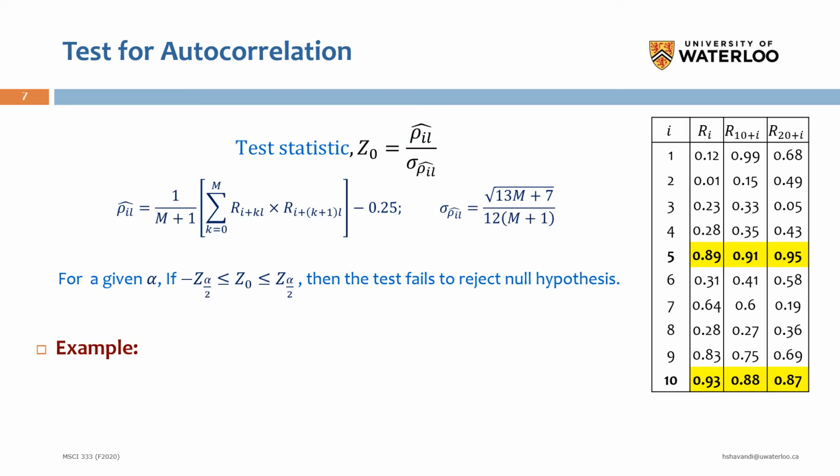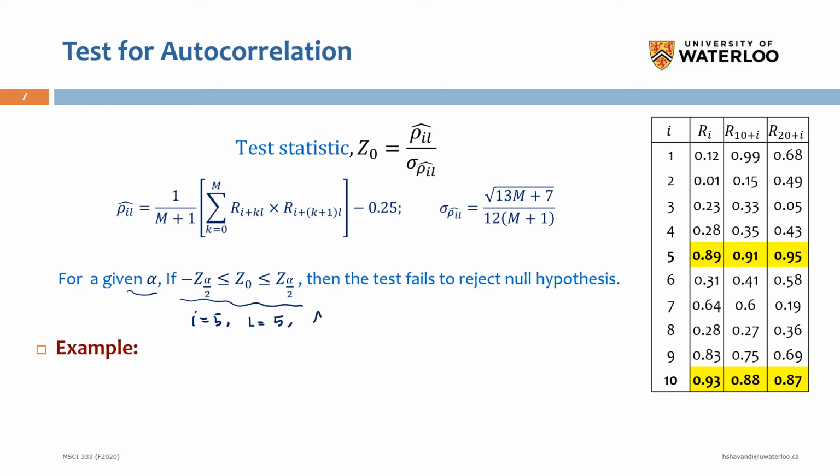So our test statistic is Z0, and rho hat iL and sigma rho hat iL can be calculated by these two equations here. And for any alpha, we will have this range: if Z0 lies in the range of minus Z half alpha to plus Z half alpha, then we fail to reject the null hypothesis.